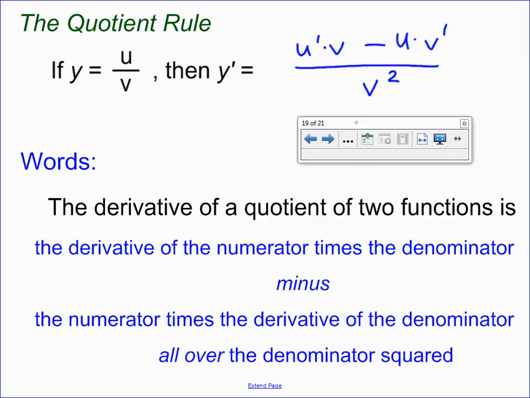That is the denominator function squared. Let's go ahead and make sure that we have an equivalent verbal statement. The derivative of a quotient of 2 functions is the derivative of the numerator times the denominator minus the numerator times the derivative of the denominator all over the denominator squared.